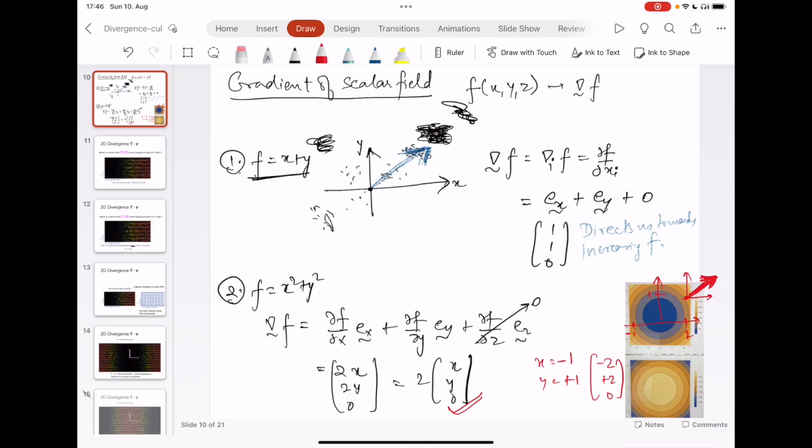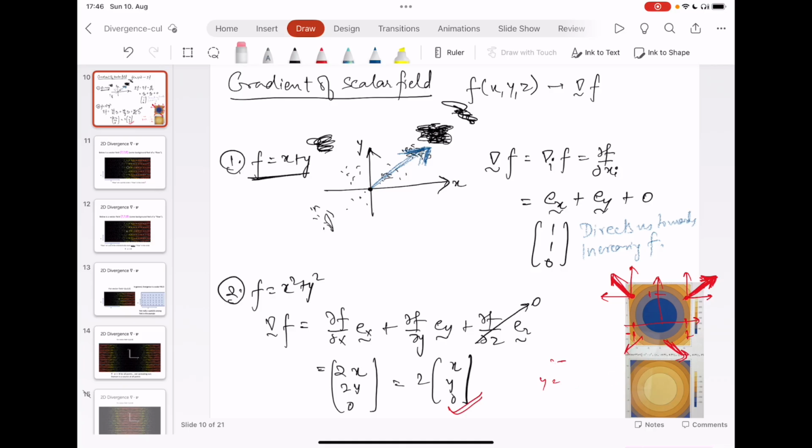This would be pointing in the negative direction, this would be pointing with the same strength in the positive direction, and the resultant would be somewhere here. Similarly, you would find the resultants in each of these directions. So you have a radially outward direction of increasing f, which makes sense with this contour plot visually also.